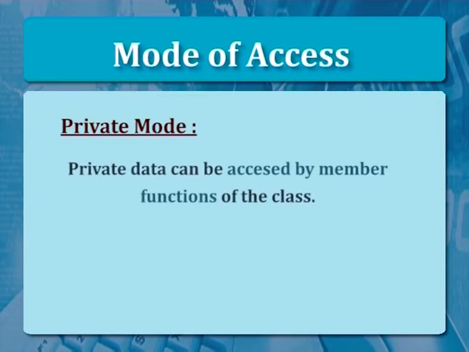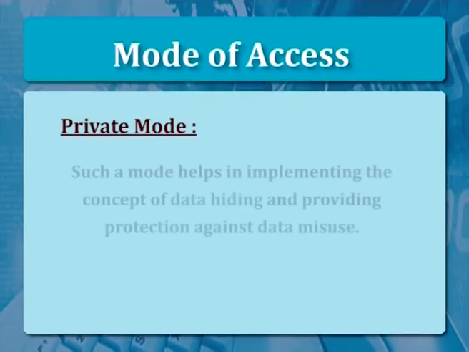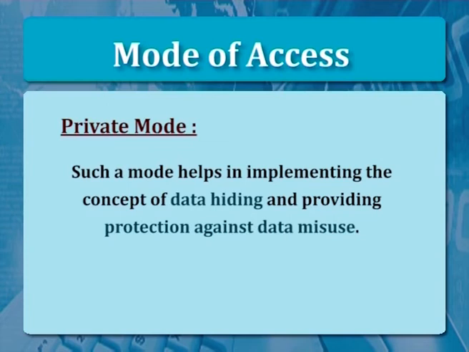When the class members are declared as private, they can be accessed within the class. That is, private data can be accessed by member functions of the class. By default, the data member of a class is private. Such a mode helps in implementing the concept of data hiding and provides protection against data misuse.